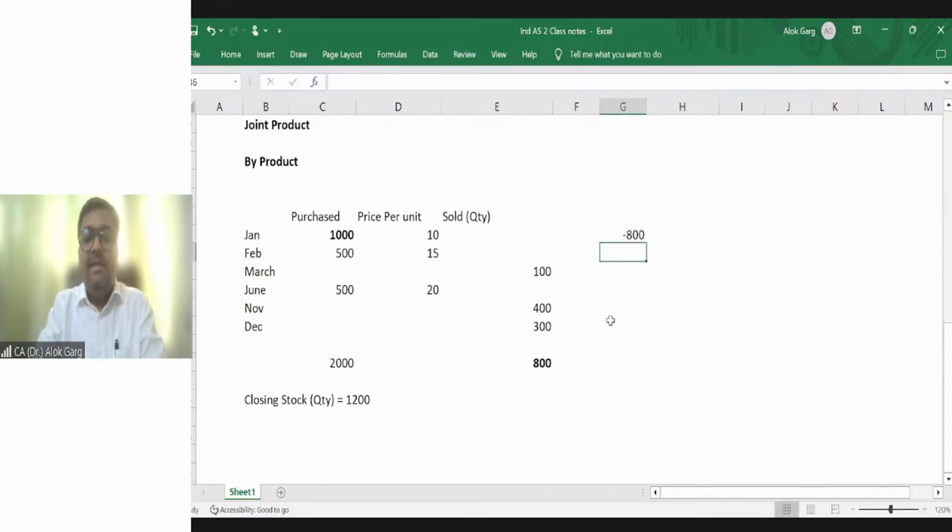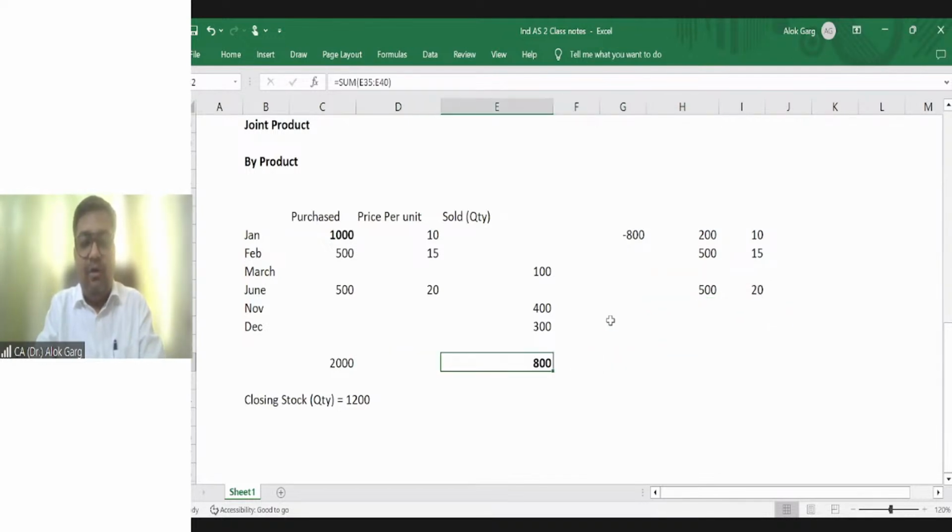What is the cost of the inventory left with me? 200 units from the first stock are at 10 rupees, 500 units from the next stock are at 15 rupees, and 500 units from the last stock are at 20 rupees. This will be your 1,200.